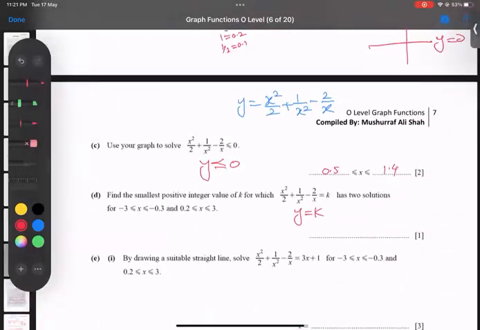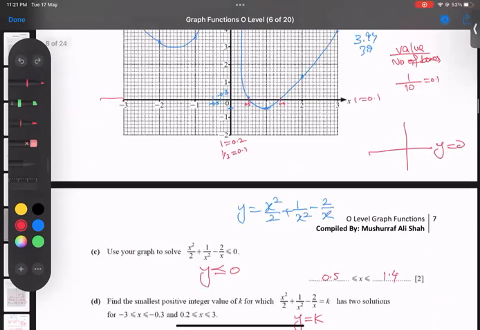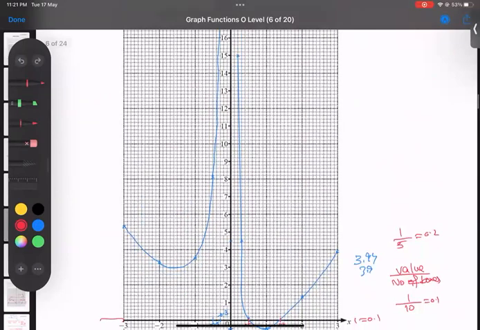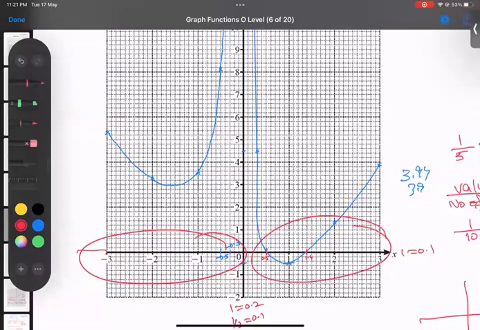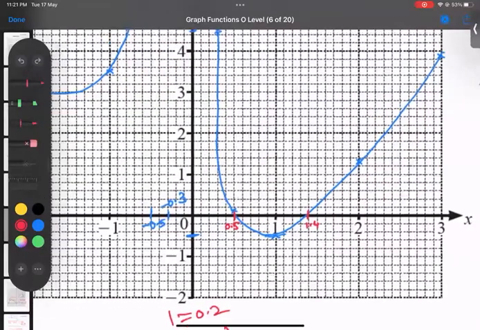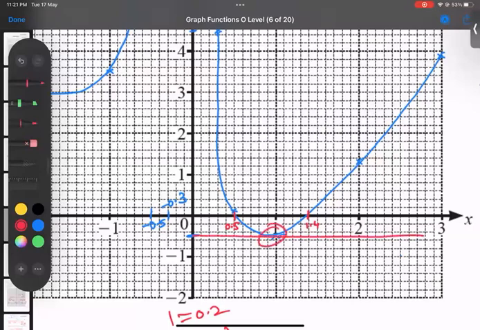So this is the same question he is asking. Read the statement: give me the k which gives us two solutions, which means the line must cut 2 times, and the smallest positive integer. Positive means not negative sign, and smallest. So look here, positive integers and negative integers, these are negative, these are positive integers. So common sense here, if my line goes through this point, it will touch, it means one solution.